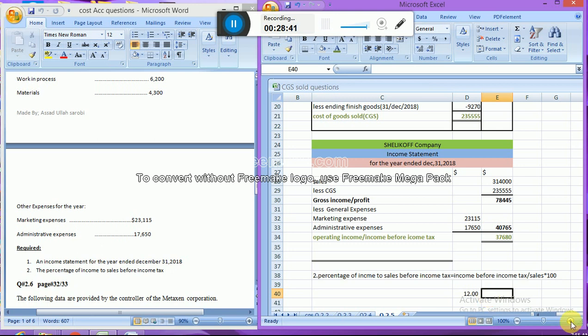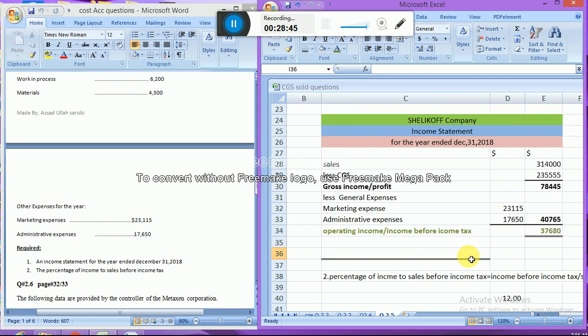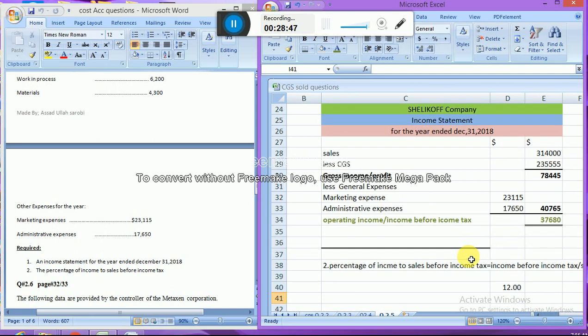12% is our percentage of income to sales. It means that if we earn 37,680, our cost is 2,35,555, and we sold it at 3,14,000, we earn 12%.